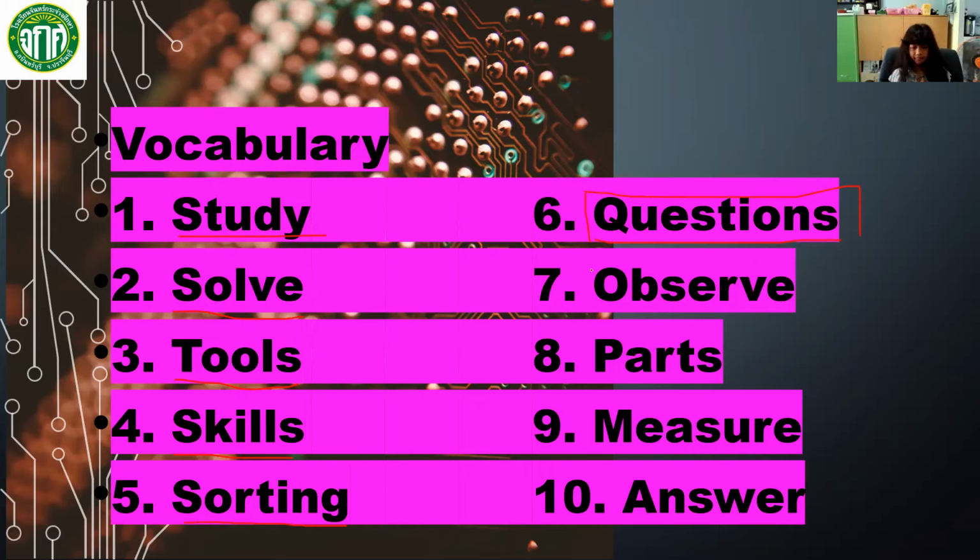Number 7, observe. Very good. Again, observe. Very good. Number 8, parts. Again, number 8, parts. Okay. Number 9, measure.